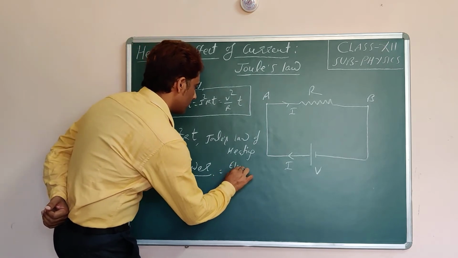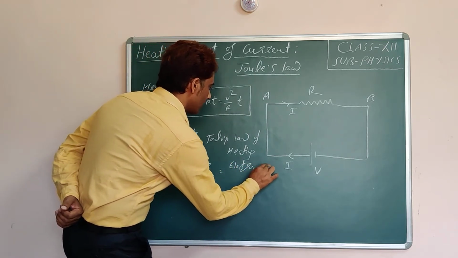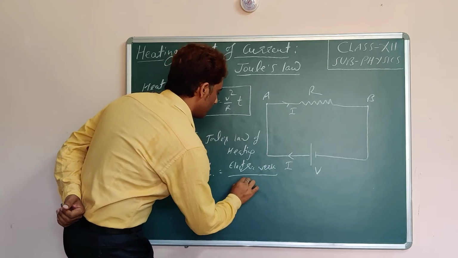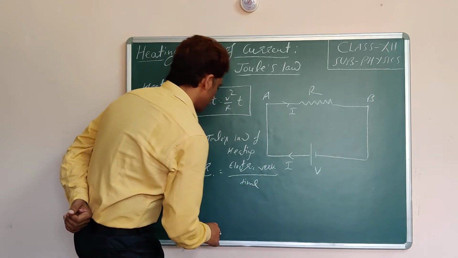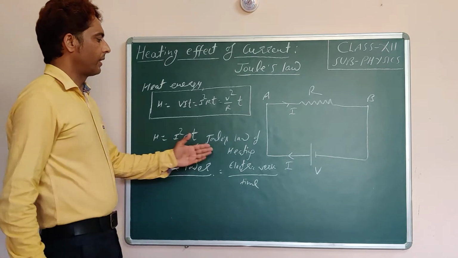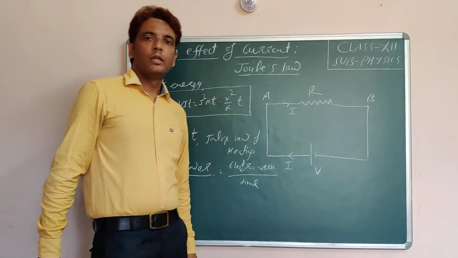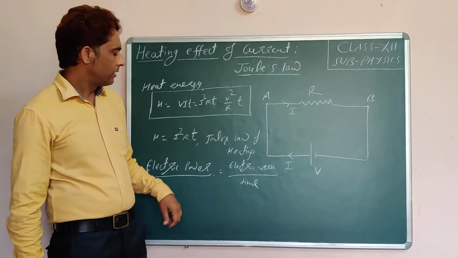So we can write the electric power as electric work over time, or it is also defined as the rate at which electric energy is dissipated.